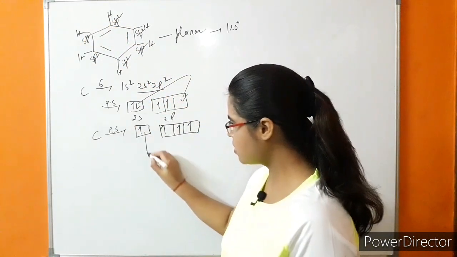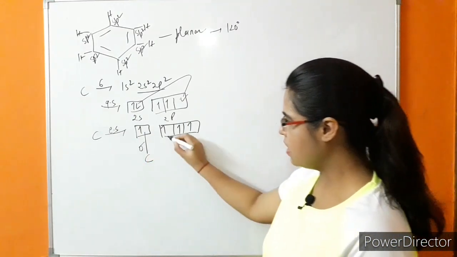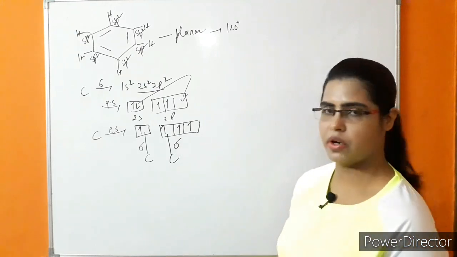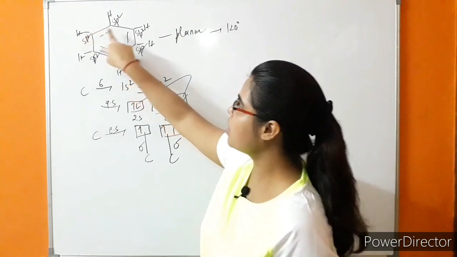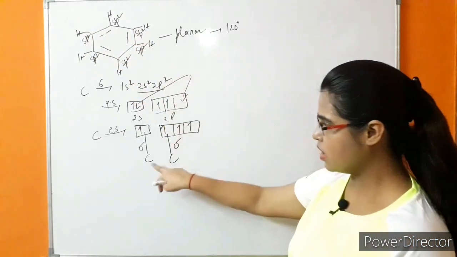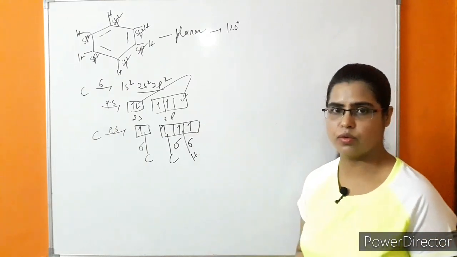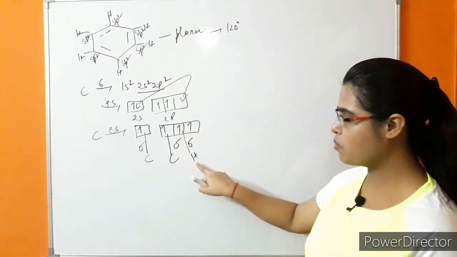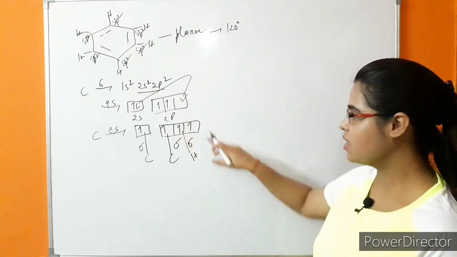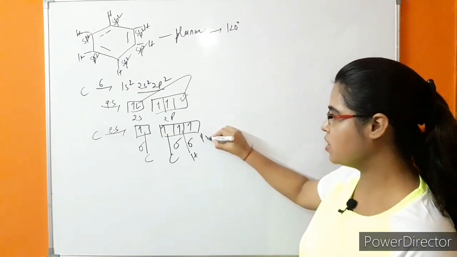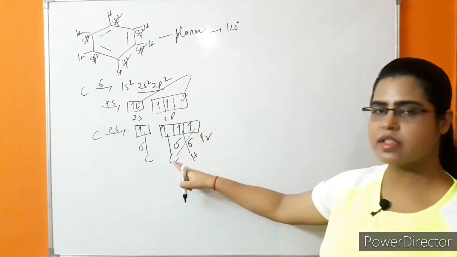So what is happening? It means there is bonding of one carbon with a sigma bond and another carbon with a sigma bond. It means 2 sigma bonds are formed with this carbon and this carbon. So there are 2 sigma bonds, and 1 sigma bond will be formed with hydrogen. So in this case there will be pairing of electrons between carbon and hydrogen, whereas this unpaired electron present in the pz orbital will overlap with the electron of this carbon.